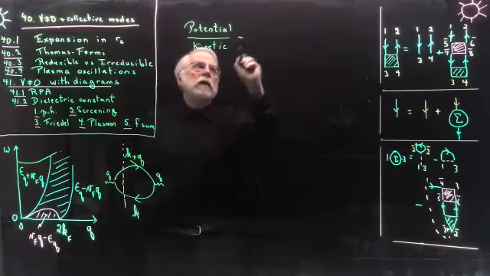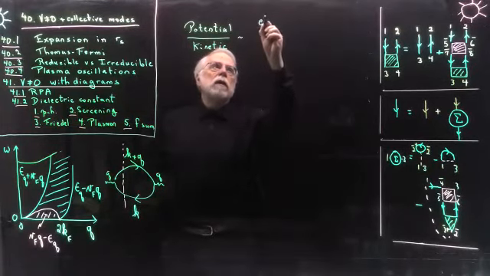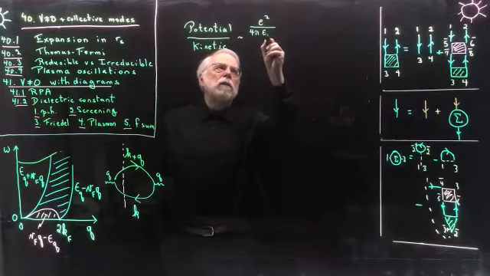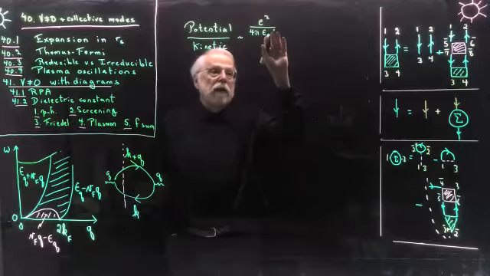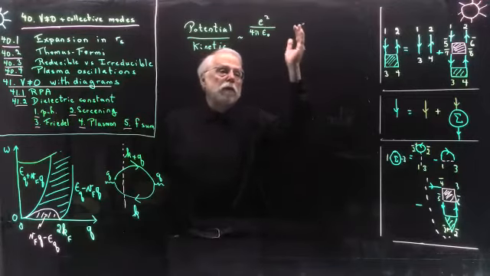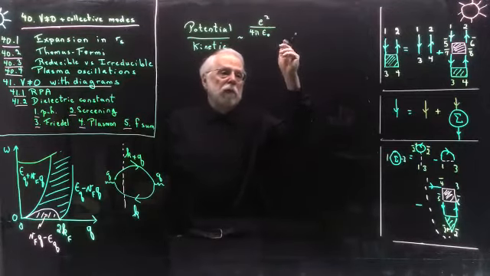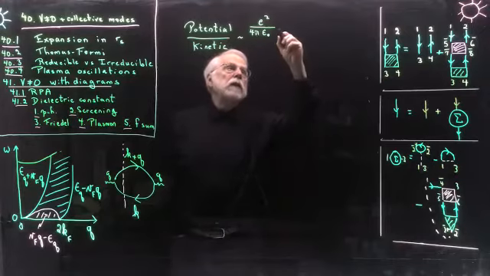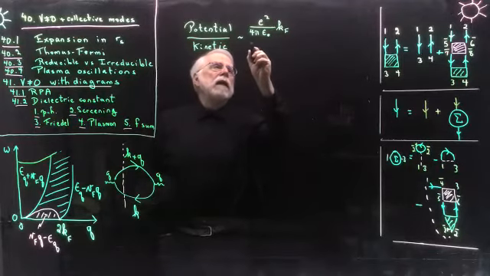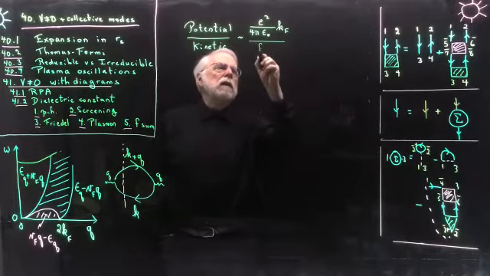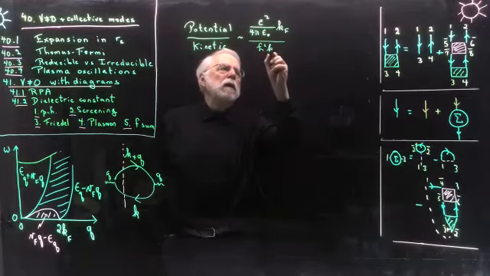So potential energy will be e squared over 4 pi epsilon 0, and then some characteristic distance here. The characteristic distance is 1 over the Fermi wave vector, because the Fermi wave vector is related to the distance between atoms. And then the kinetic energy is h bar squared k_F squared over 2m.